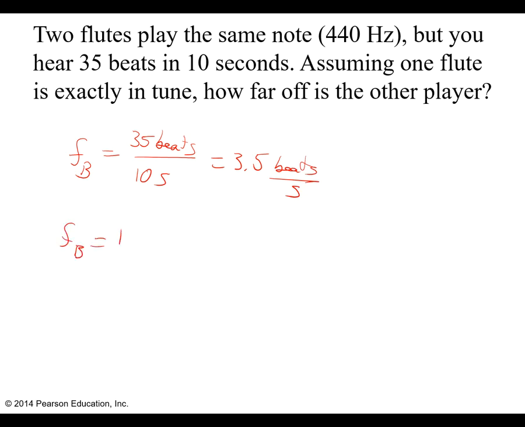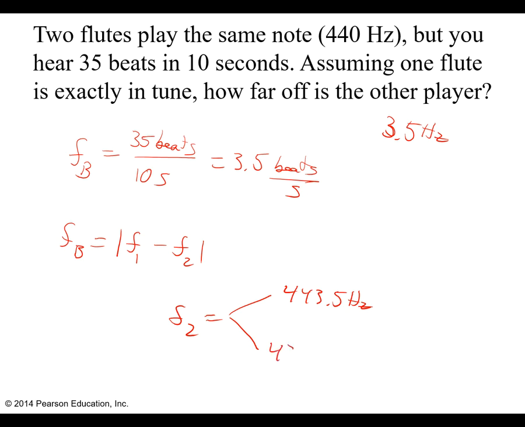Remember that your beat frequency is just the difference between the two frequencies, which means the second person has to be off by 3.5 hertz, which means the second flute is either playing at 443.5 hertz or 440 minus 3.5, which would be 436.5 hertz.